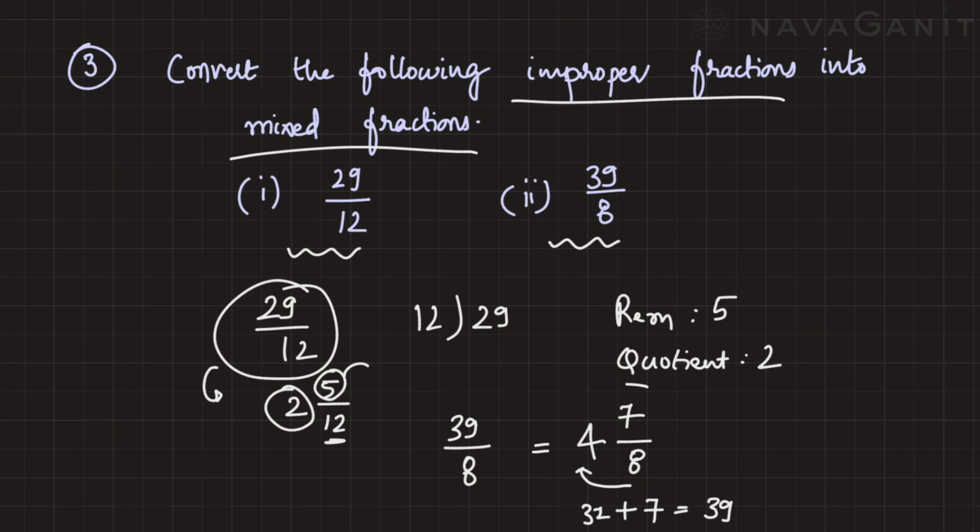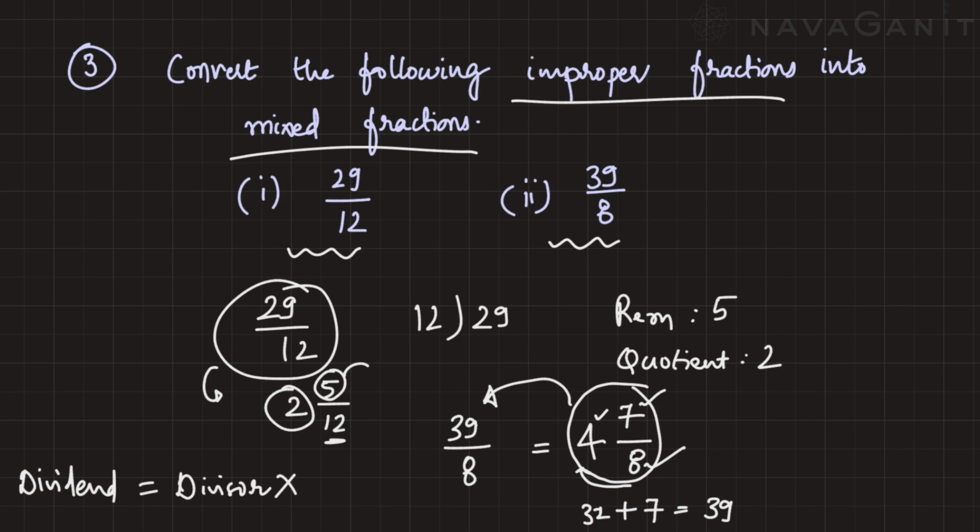Once we have converted to mixed fraction, if we want to convert it back to the improper fraction, we simply multiply the divisor by the quotient and add the remainder. Because if you recollect from your earlier classes, dividend is nothing but divisor multiplied by the quotient added to the remainder.